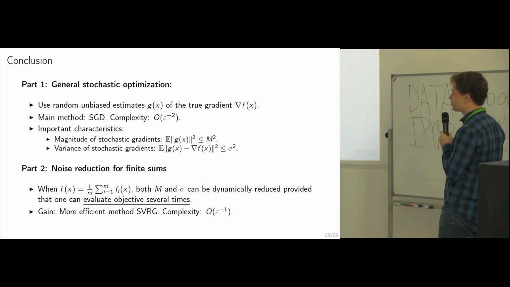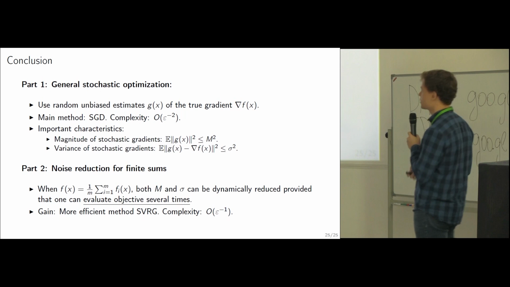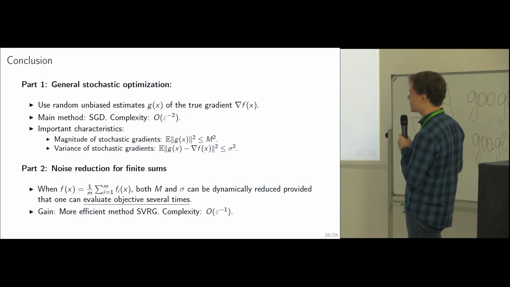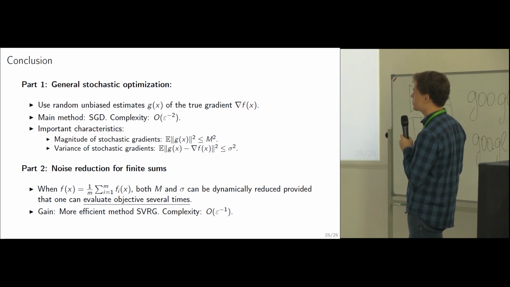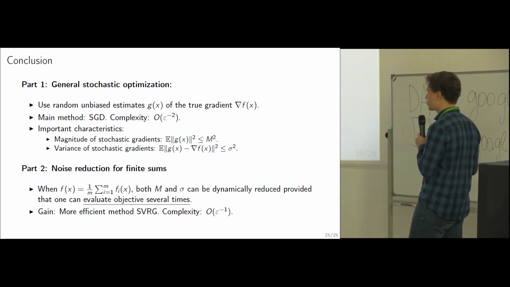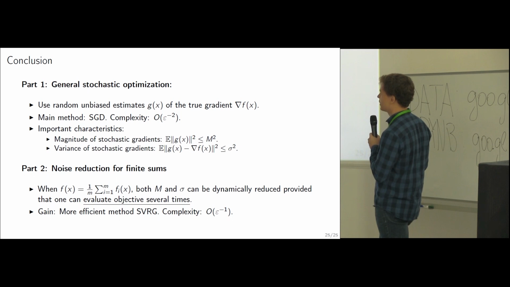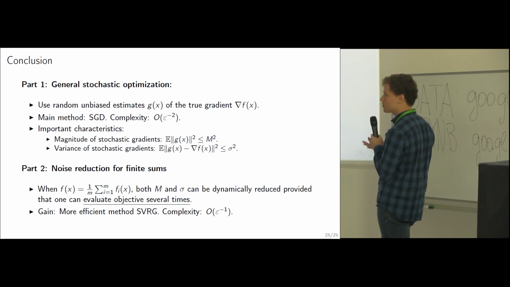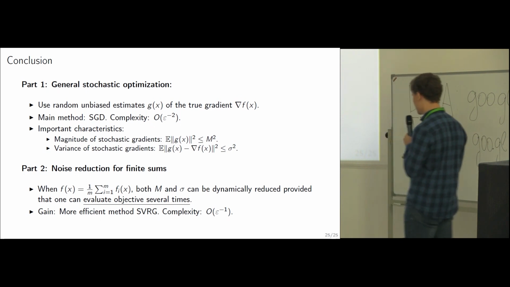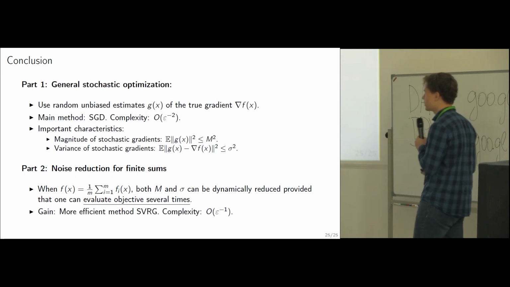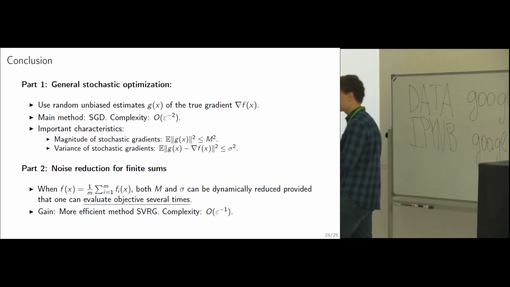If we are not able to perform this operation, if this m, the size of the data set, is so big that we cannot even compute this function value once, then we cannot use SVRG, and the only thing that we can do is to use this method. However, if m is not that large, it may still be large, but not too large, and we can compute the objective, we saw that it needs to be computed something like 10 or 20 times. If we can do this, then it is actually a very good idea to use this SVRG method.